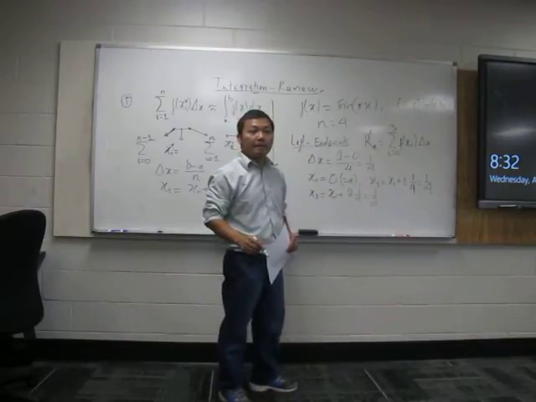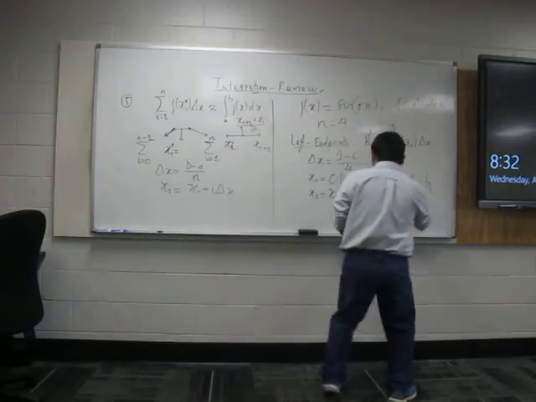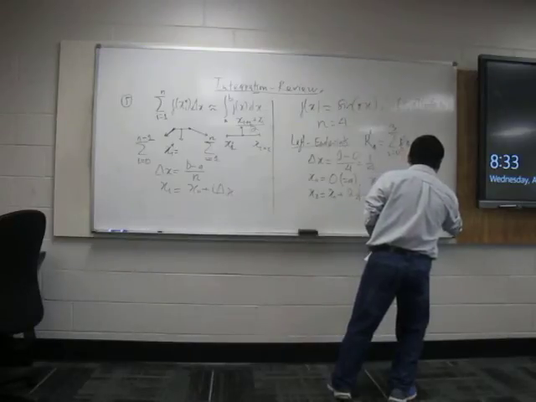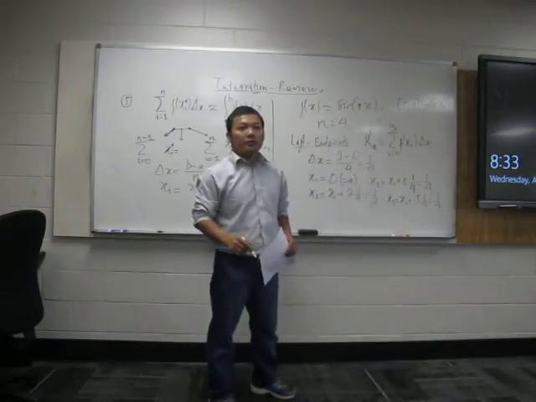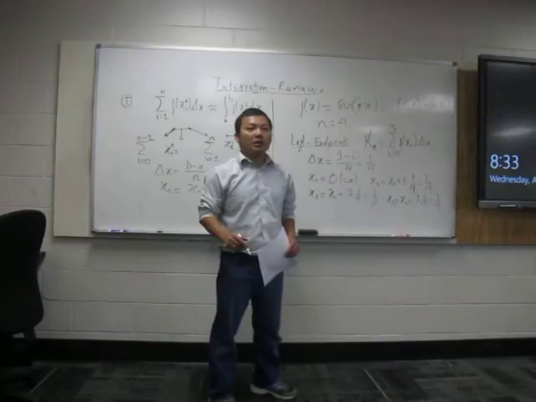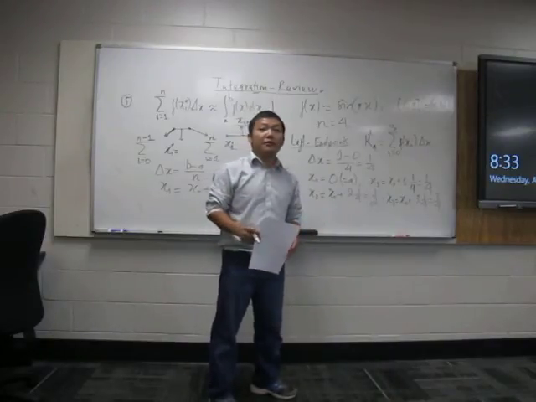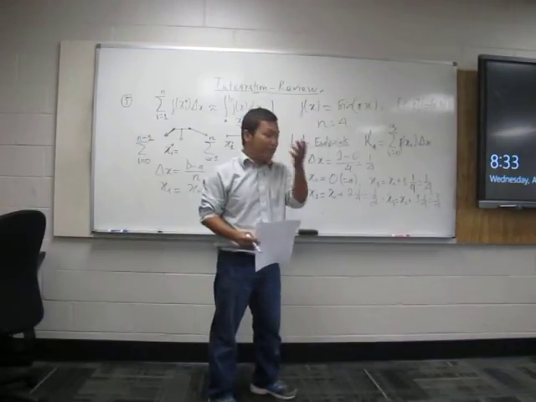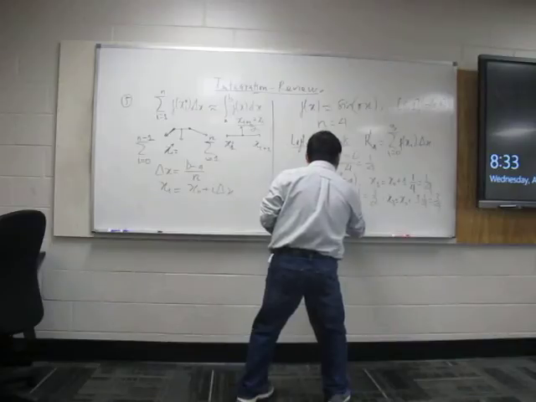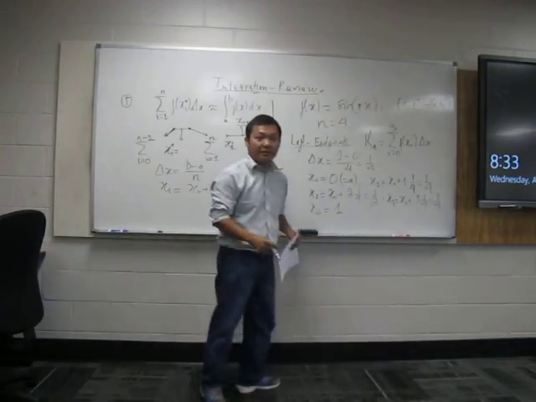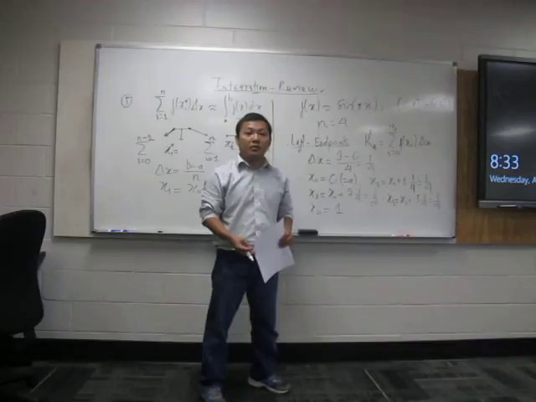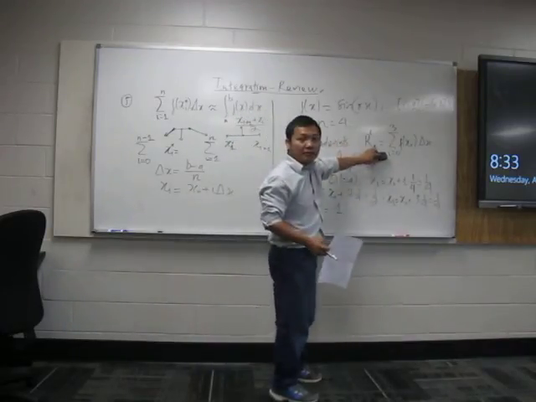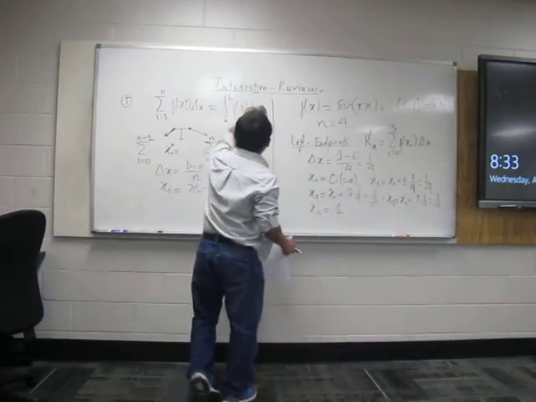X3 equals x0 plus 3 times 1/4, and that is 3/4. If we use left endpoints, we don't have to find x4 because we will not use x4. Anyway, x4 is 1, the endpoint. And now you just plug all numbers into this sum and get some approximation.